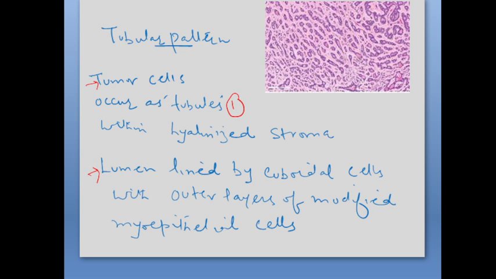These tubules are covered by stromal cells. Stromal cells can be hyalinized or sometimes chondroid or myxoid in shape. We have to remember that the lumen in case of tubular pattern is covered by modified myoepithelial cells and stromal cells.